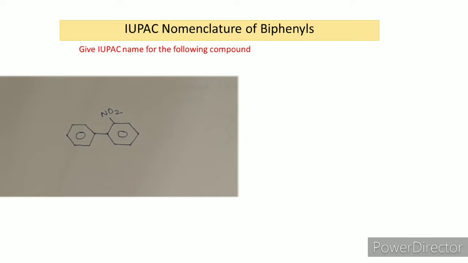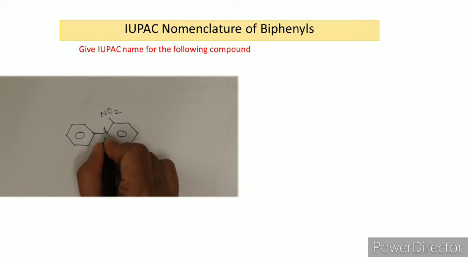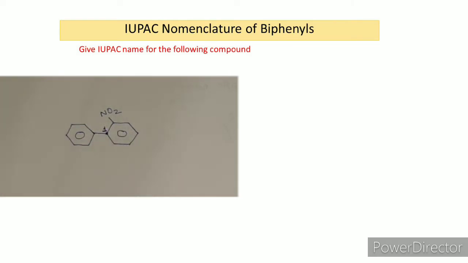So let's start with actual examples. We'll try naming this compound. As you can see, in this compound there is a substituent only in one ring. So as per the rule, numbering will start from the carbon which is joined to the other phenyl ring. So I will number this carbon as 1. Now the substituent should get the minimum possible number.